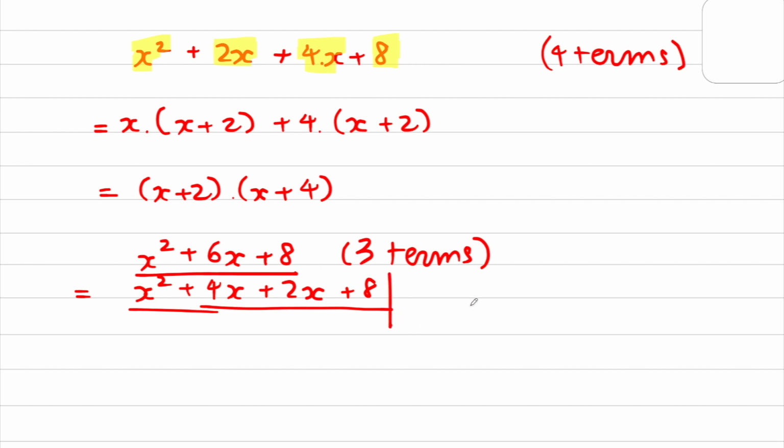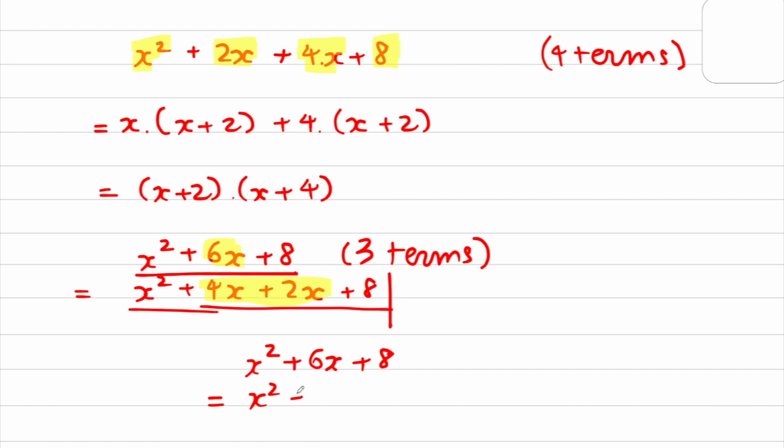It is very easy to recognize that 6x becomes 4x plus 2x. But how can you know you can separate 6x into 4x plus 2x?